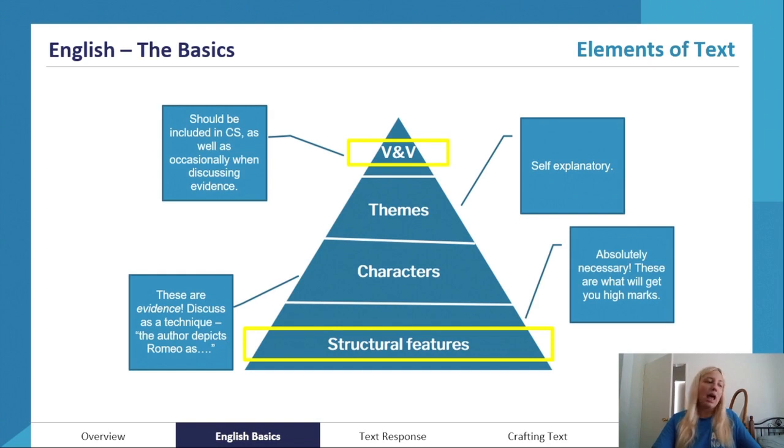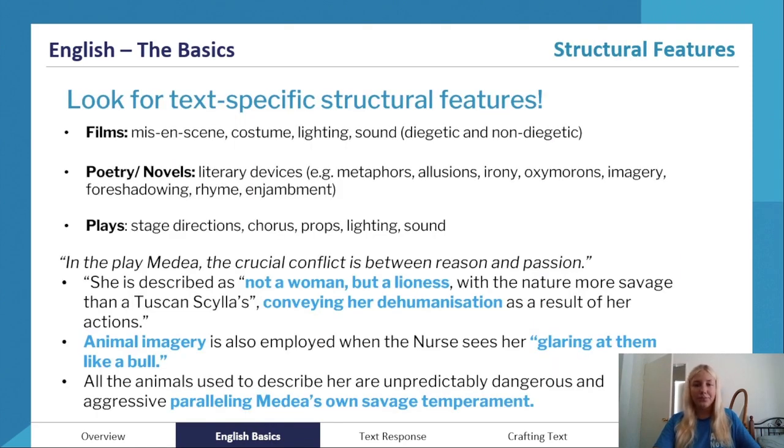So I used to aim to have it 2 times per body paragraph at least, somewhere down the middle of my body paragraph maybe, and then in that concluding sentence to make sure I did it enough and to make sure my essay had enough interesting, complex ideas. Look for text-specific structural features.